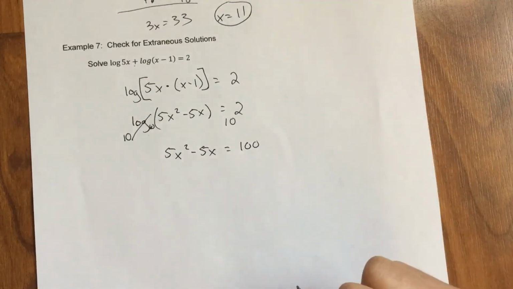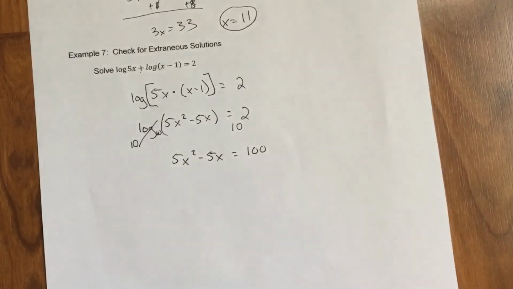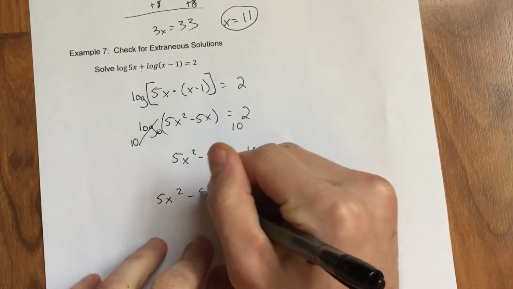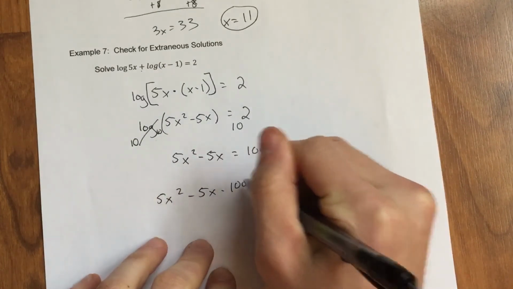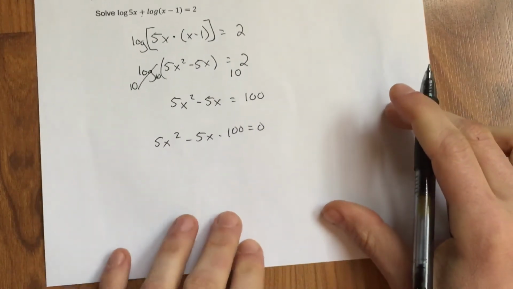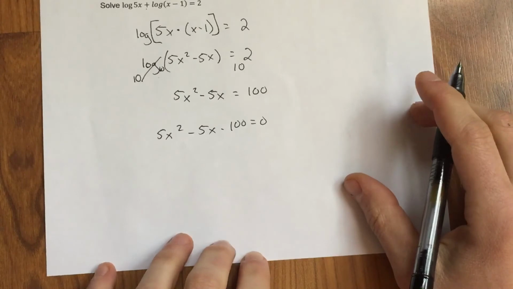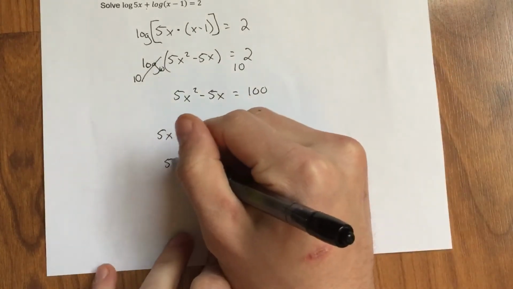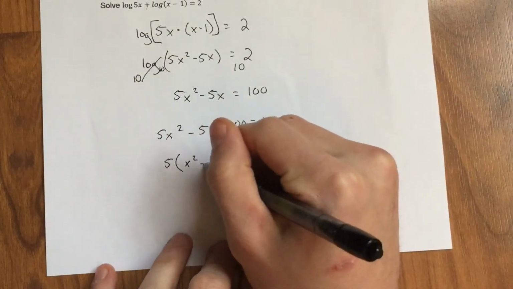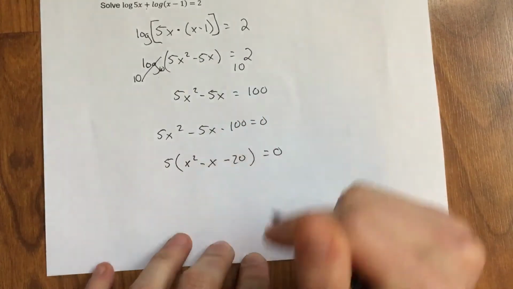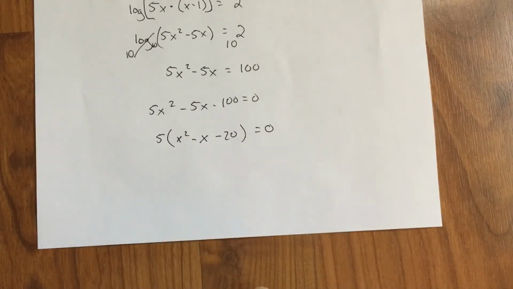All right, now everyone's favorite. We're going to be solving this equation through, drumroll, factoring. So let's get everything to one side of the equation and solve via factoring. Now when we solve via factoring, first thing you might notice is there's a GCF. We can factor out that GCF.